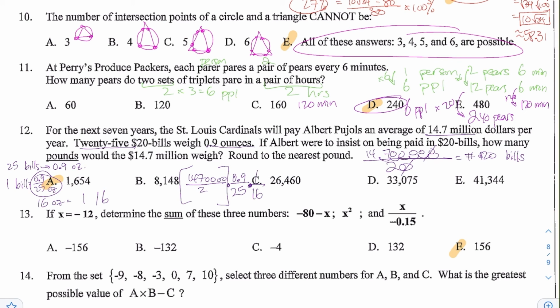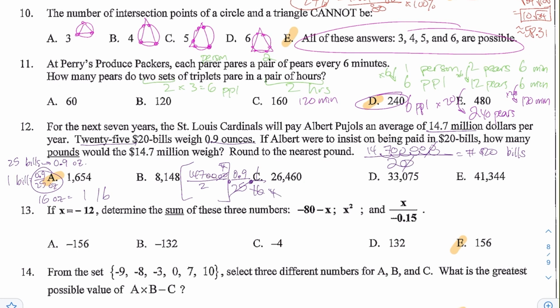And from here, you can cross cancel the 25 with this 100 here, or these two zeros to give you 4. And 4 and 16 can cross cancel, give you another 4 here. And this 4 can cross cancel with another 100 for 125. So you'll have 147 times 25 times 0.9 divided by 2.